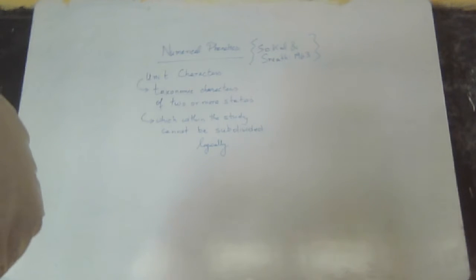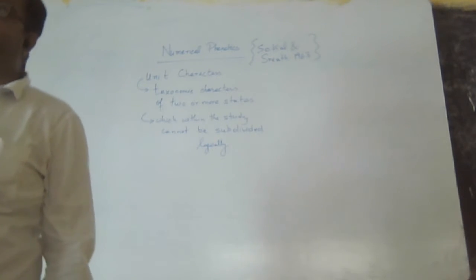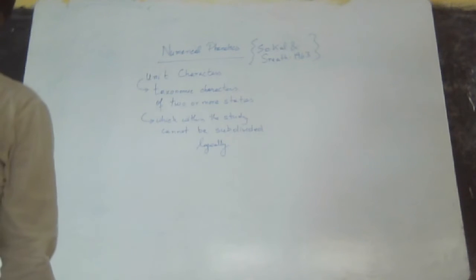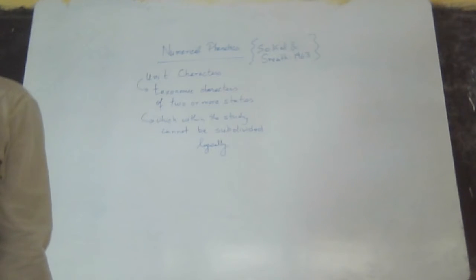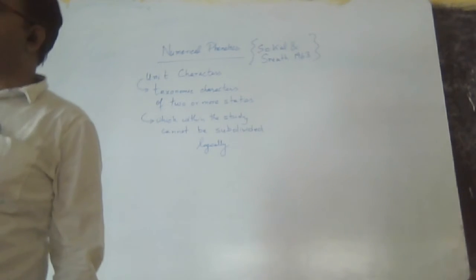These are the 2 states. Presence of fingers, when 5 fingers is the maximum, there are 5 states. 1 finger, 2 fingers, 3 fingers, 4 fingers, 5 fingers. 5 states are available, 2 or more states.